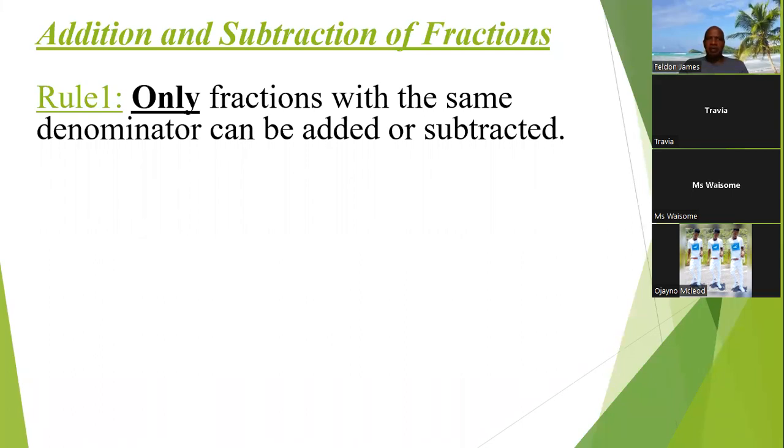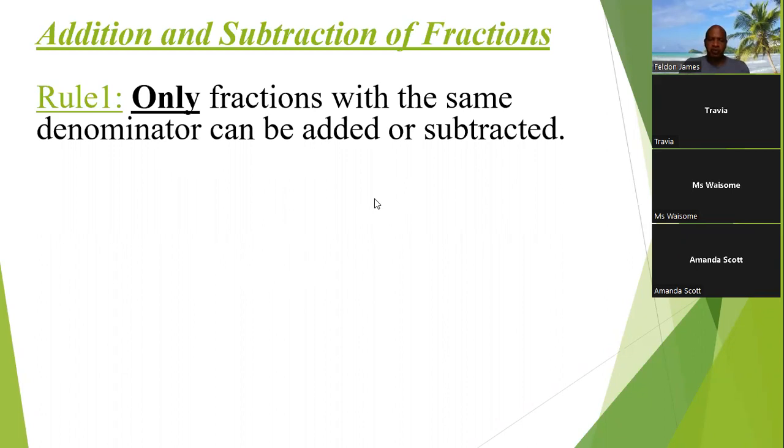Now, why do you think that when we're adding or subtracting, we can only add or subtract with the same denominators? Can somebody tell me why? It says only fractions with the same denominator can be added or subtracted.